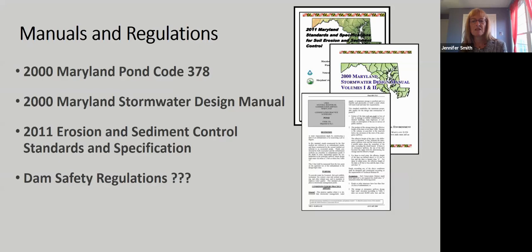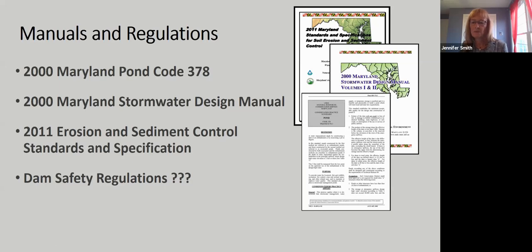Speaking of design manuals and regulations, just look at these dates. The Maryland Pond Code 378 has not been updated since 2000. I know, time flies, right? I feel like it was only yesterday when MDE came up with the 2000 design manual, but it has been almost 20 years since the pond design criteria listed in the Maryland Stormwater Design Manual has been updated.